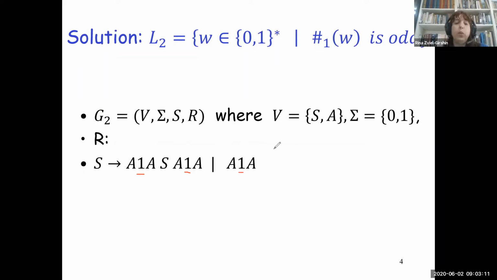So when I want to leave S, if I used the first rule, I have even number of ones. To leave S, I have to use the second rule where I add additional 1. So now I have odd number of ones. And now I derive only zeros from A.